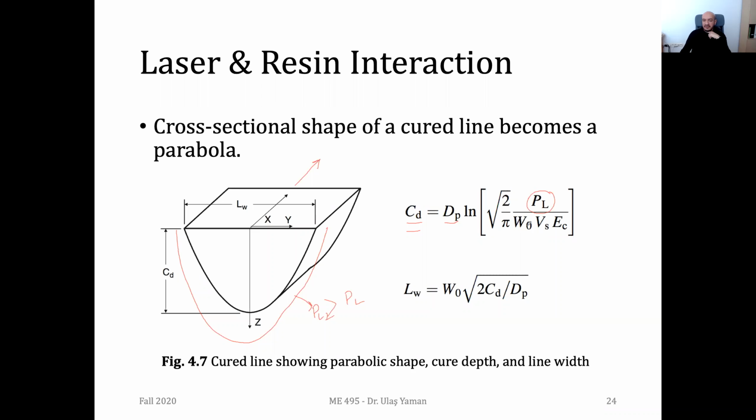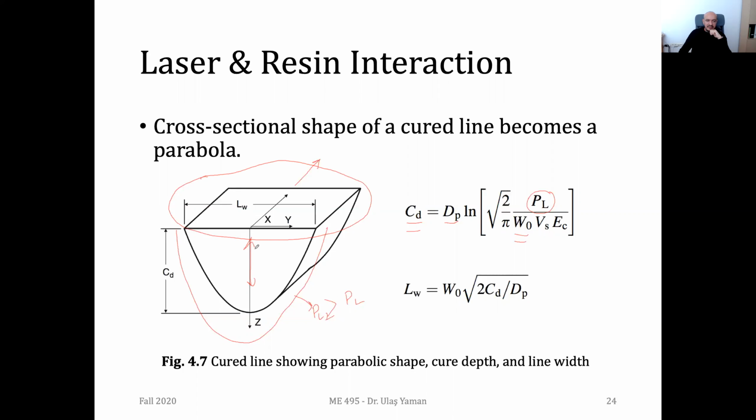And what about other issues? This is radius of our laser beam. So if you increase it, then what will happen? We will be decreasing the curing depth. So if you have a larger laser beam, then our curing depth probably will be around here.